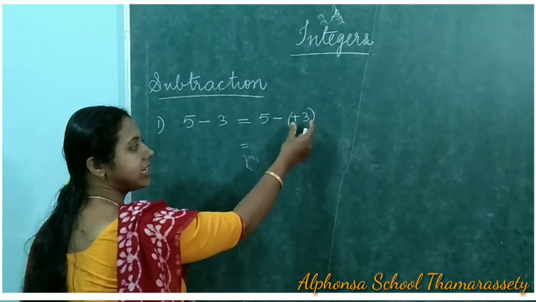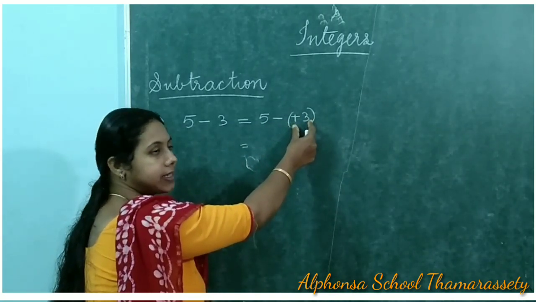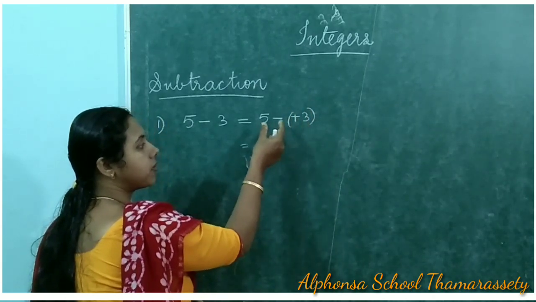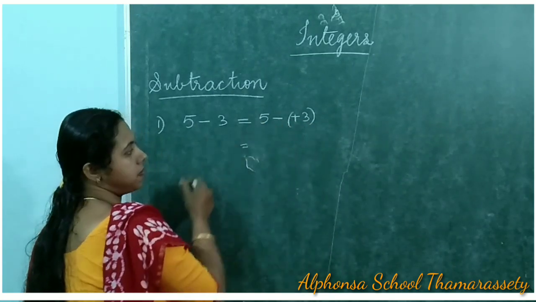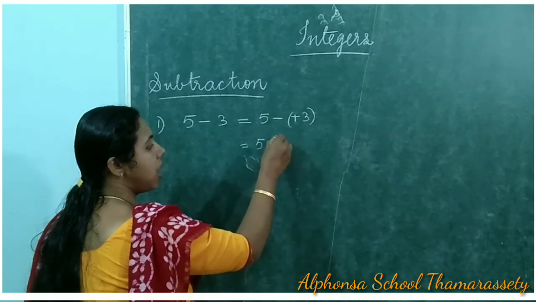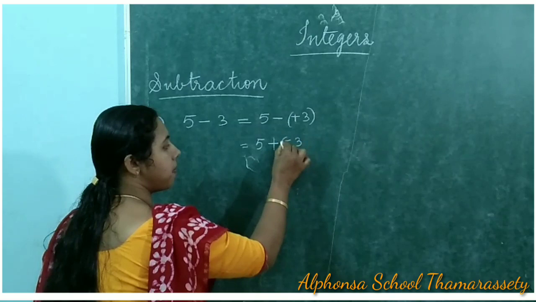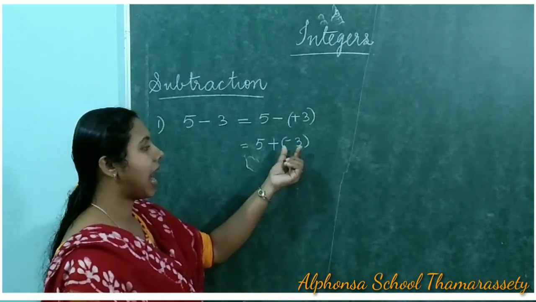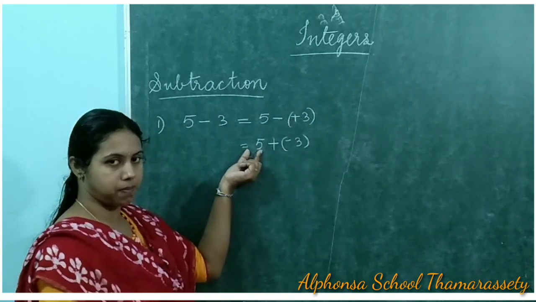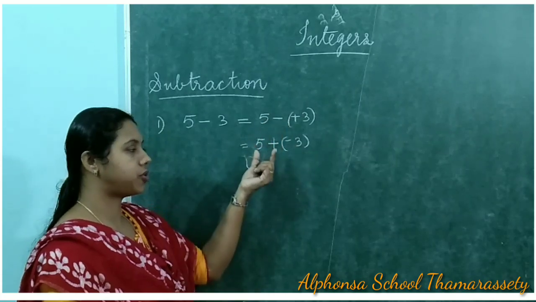We know that the additive inverse of positive 3 is minus 3. So it will be 5 plus minus 3. The subtraction process now changes to addition.